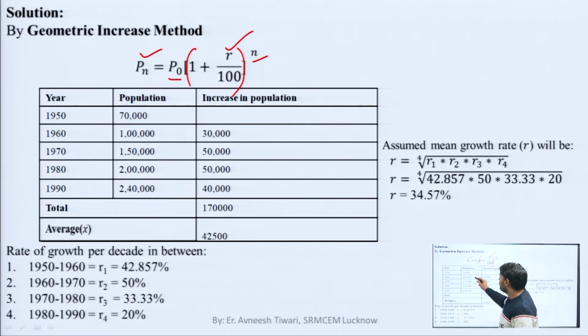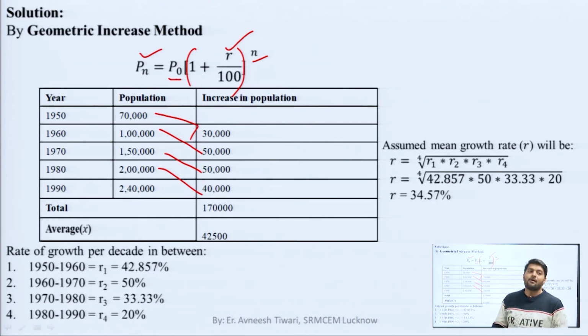Again here what we are going to do, here we are going to calculate increase, and after calculating the increase, we are just calculating increase in percentage. So these all are the increase in population. What is increase in percentage? This will be what? Simply 30,000 divided by 70,000.